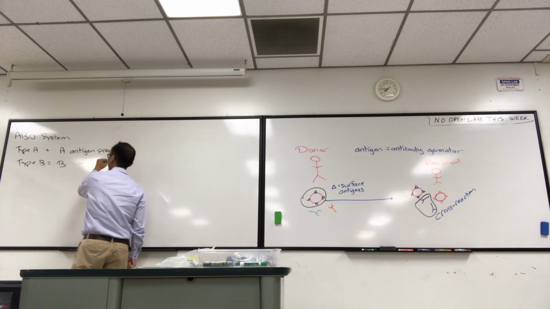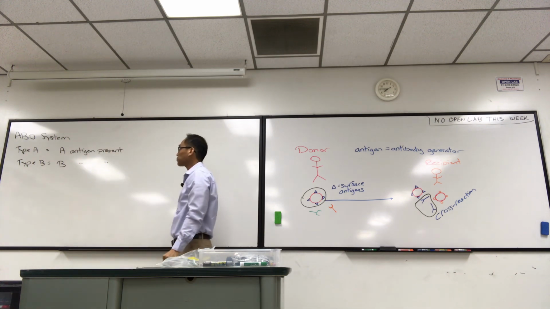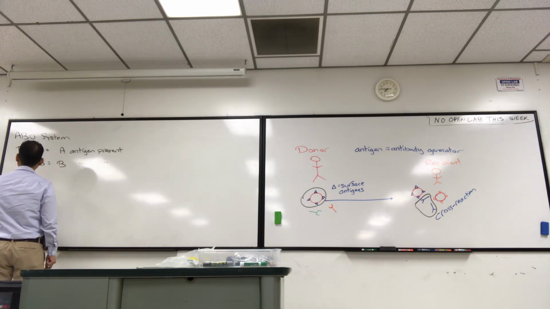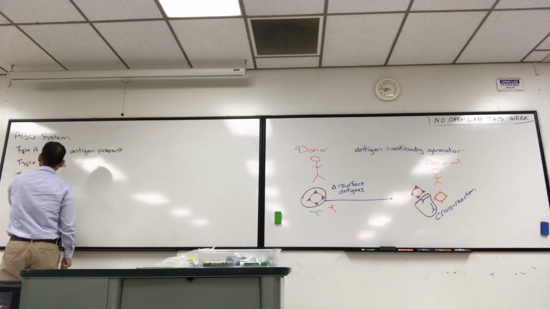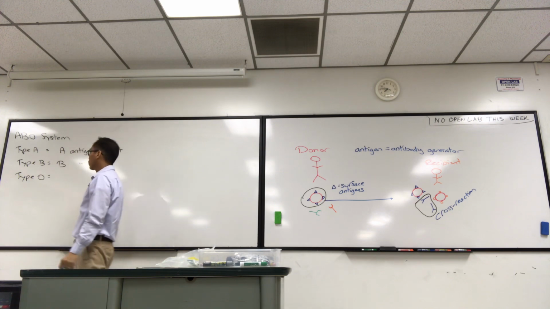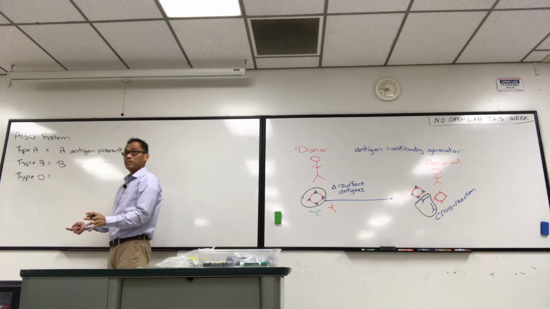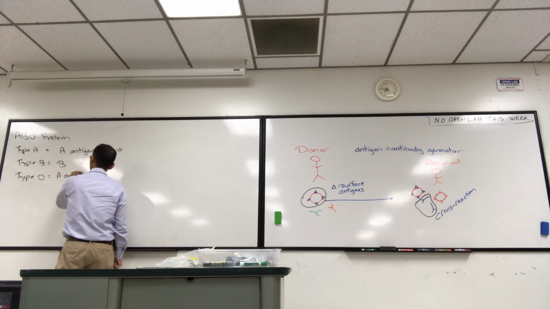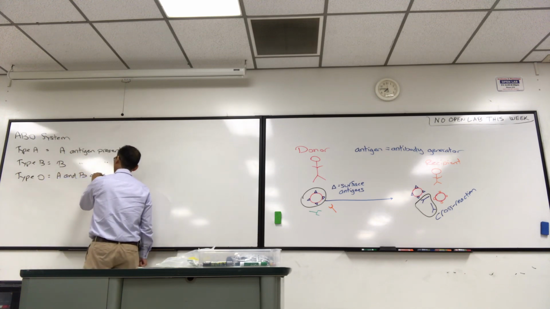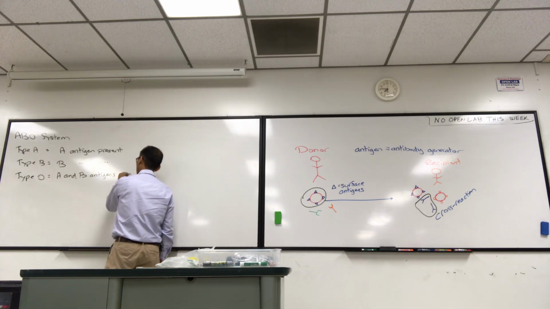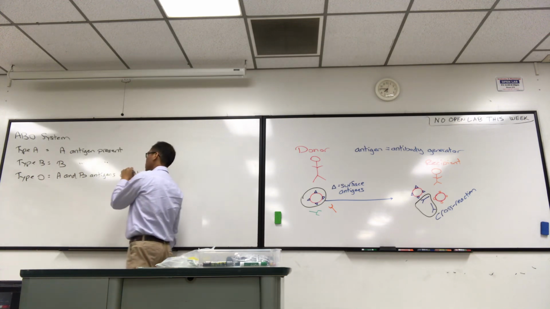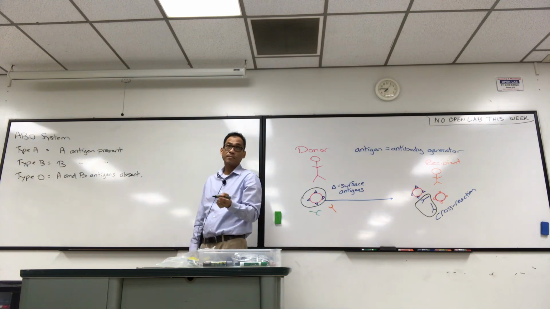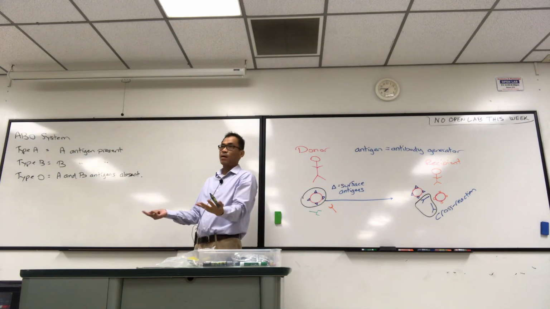B antigen present. Type O, it's like 0. A and B both absent. You don't have either. So O is not an antigen. It means A and B are absent. But that's a type, right? Where A and B are not there.